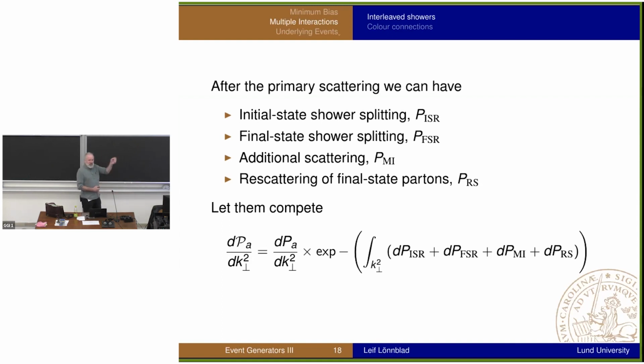And we just pick the one that is hardest. And then we continue and continue and continue. In this way, we let them compete. And the idea is that something soft happening somewhere should not stop something harder from happening. So hardness is a good thing, a good time to evolve in.